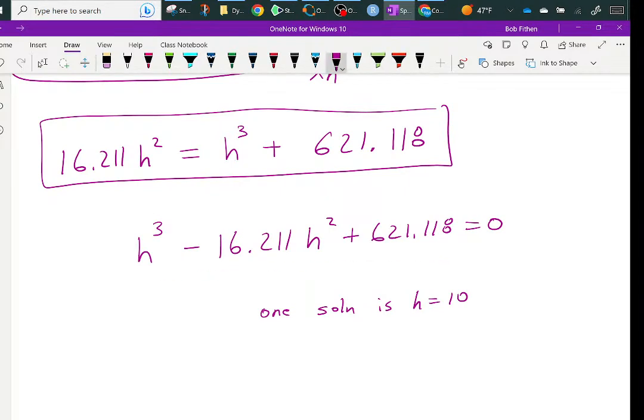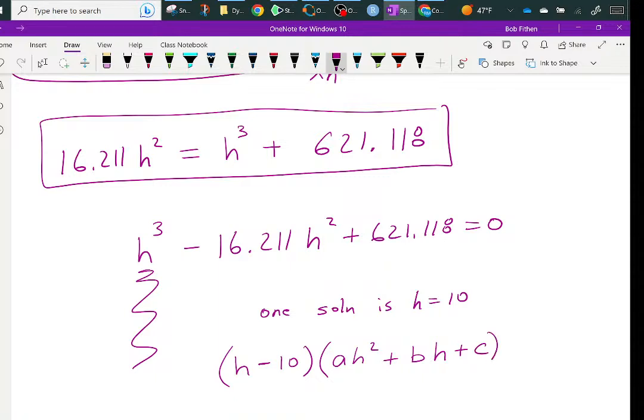So if you remember, okay, hang on for me. H minus 10 times, okay, this is cubic. So I'm going to say A H squared plus B H plus C has got to be equal to, and I don't have anything to do except do that.